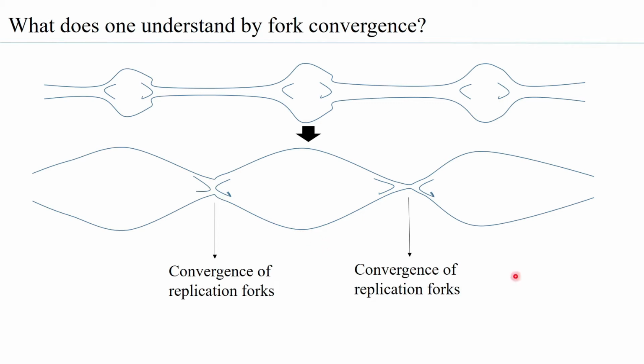What is important to note is that once you have the convergence zones and the replication forks converge, how does termination occur here? Because the idea is very clear that at the convergence zone you would have termination happening, and as you can see, it is generally midway between the two origins of replication.